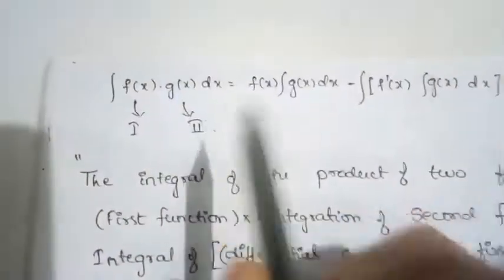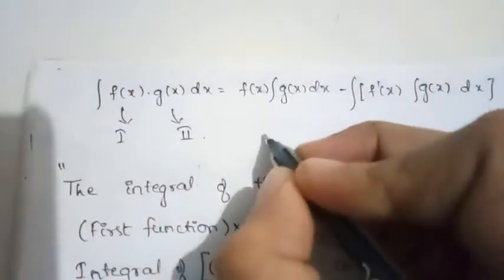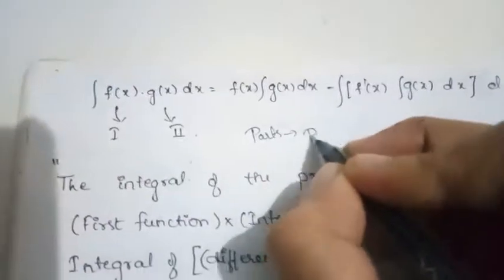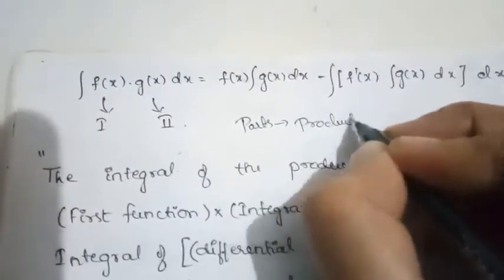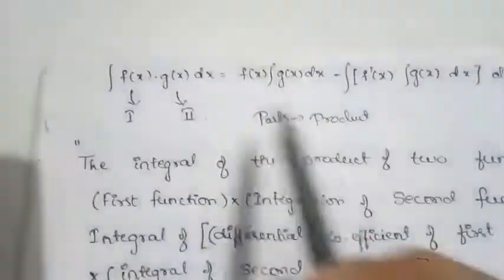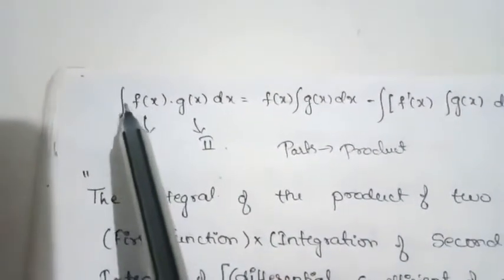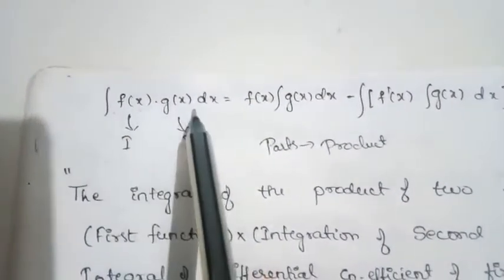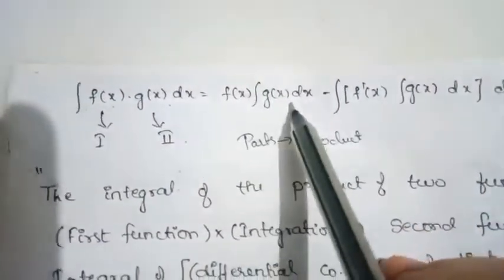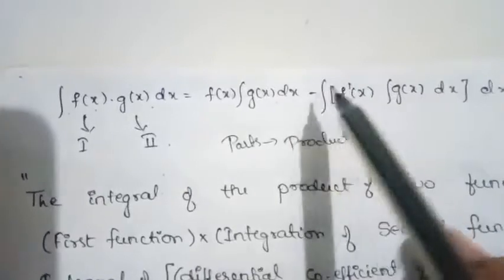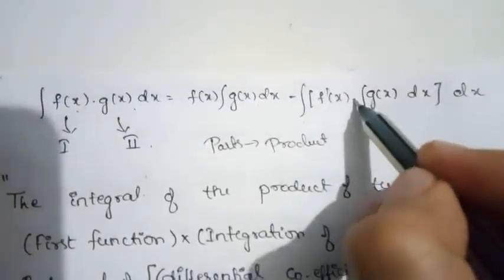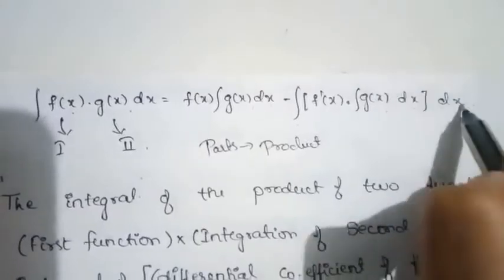So clearly, when we talk about integration by parts, we are talking about the integral of the product of any two functions. Integration of f of x into g of x dx is f of x into integral of g of x dx minus integration of f dash of x into integral of g of x dx, into dx.